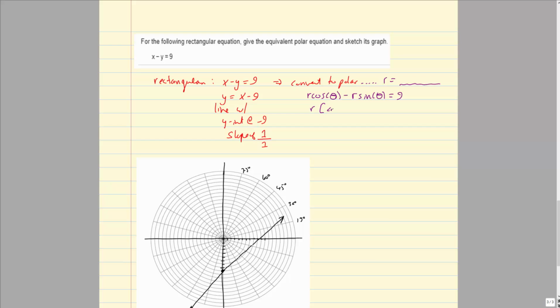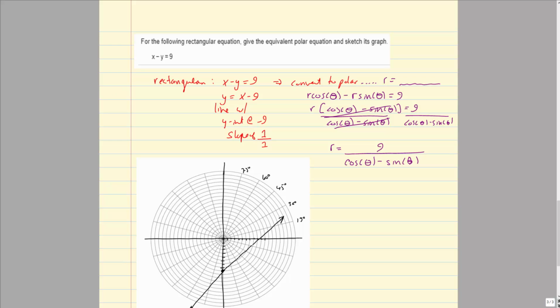If I factor out an r, I'm left with r times cosine theta minus sine theta equals 9, and then divide both sides through by cosine theta minus sine theta. These cancel. The polar form of this graph then is r equals 9 over cosine theta minus sine theta.